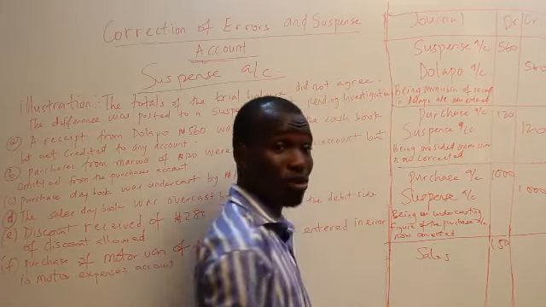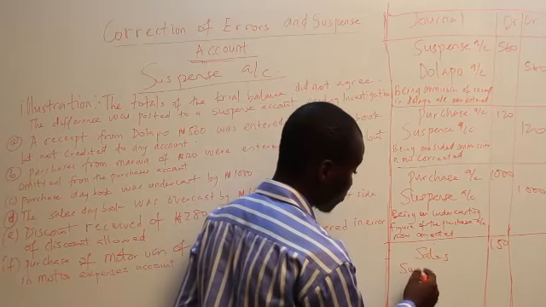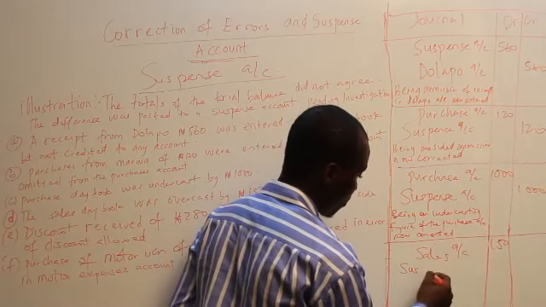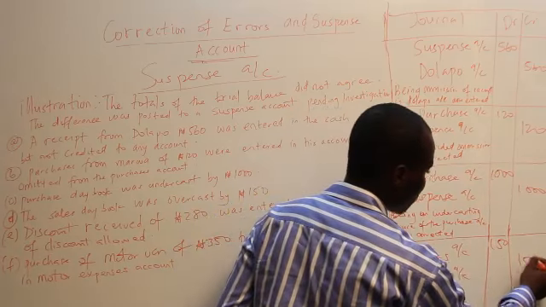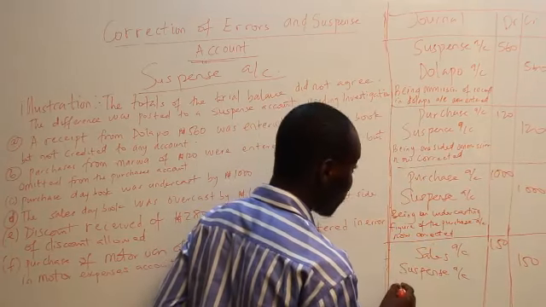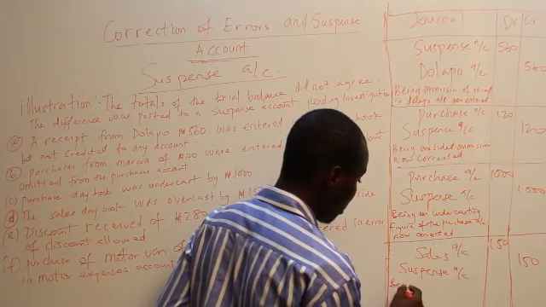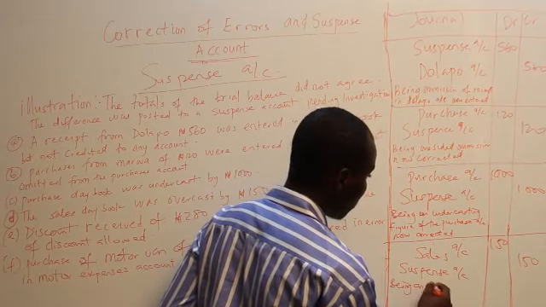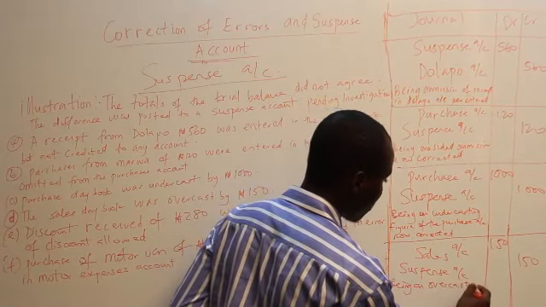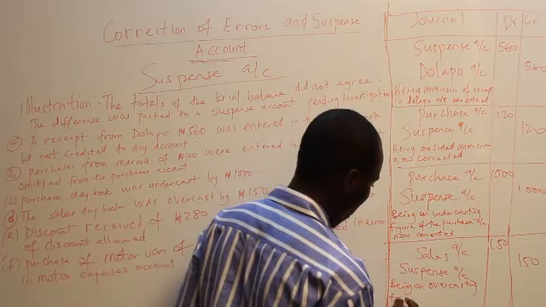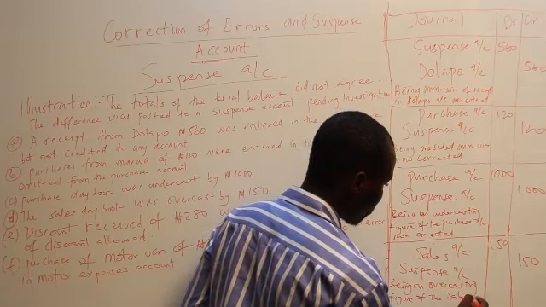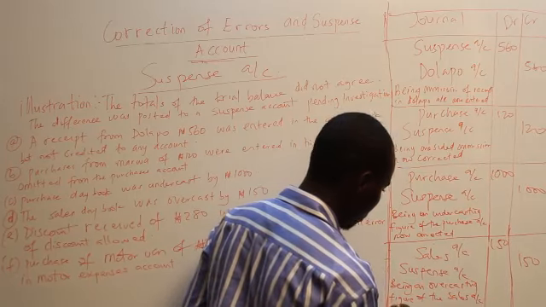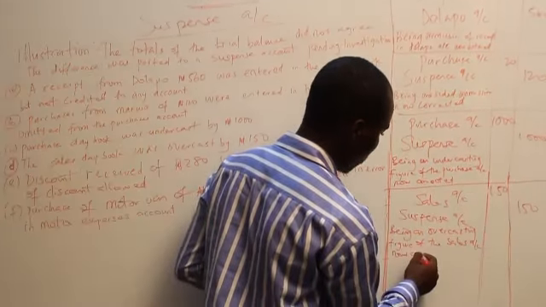Also, the corresponding account will go to the Suspense account, 150 naira. So the narration will be: an overcasting figure of the sales account now corrected.